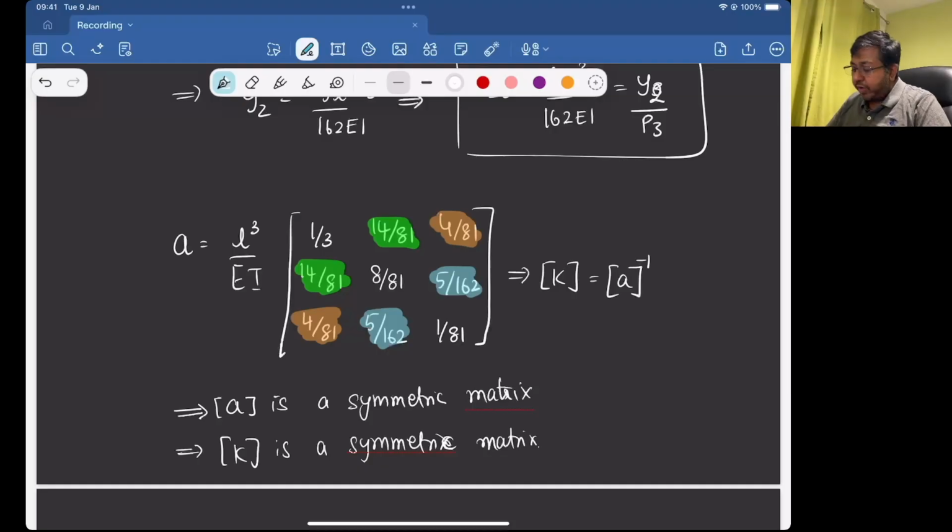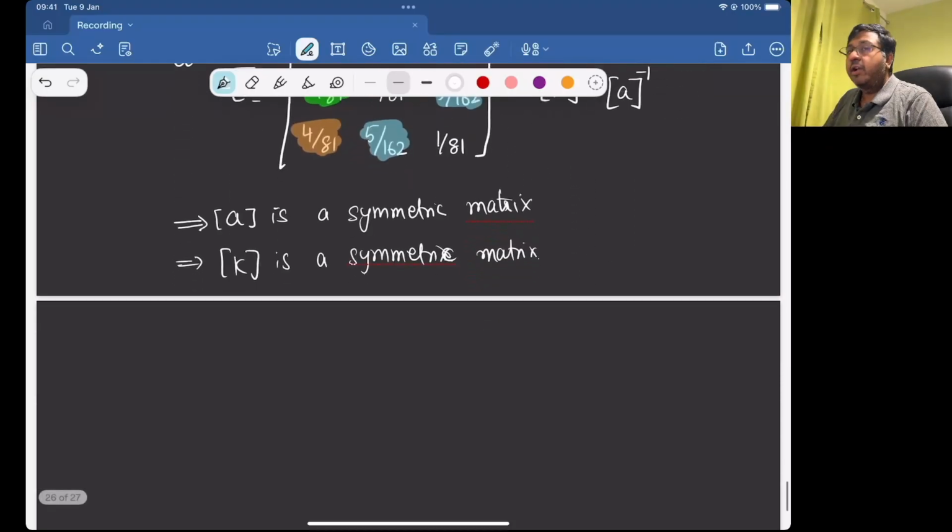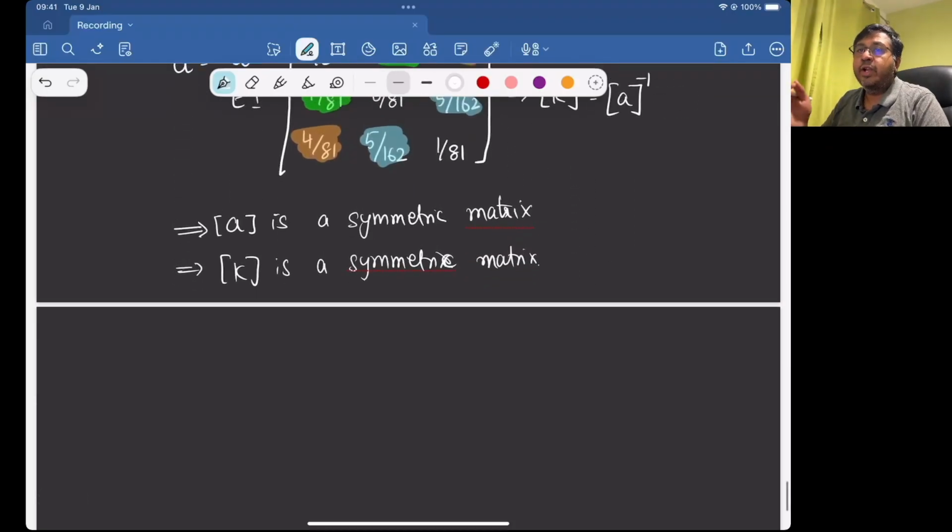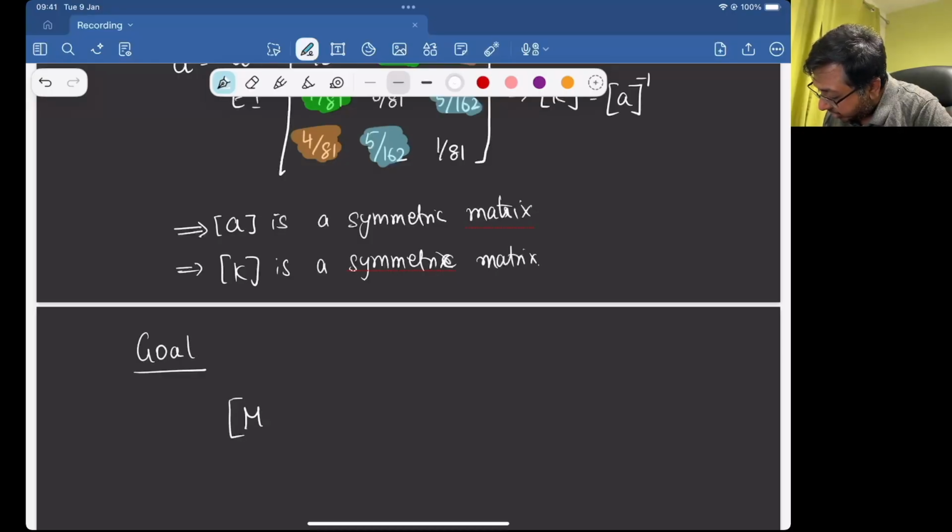Now I'm not going to do the inverse; the inverted matrix is available in the lecture notes. If we go back to our goal, it was to write the equation M x double dot plus K x equal to 0.